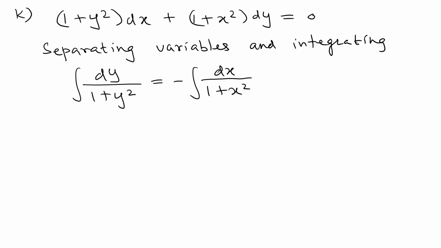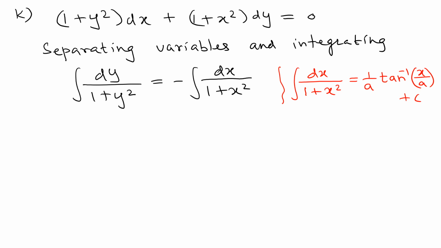We can recall this result from Calc 2. The integral of 1 over 1 plus x squared is tan inverse x. Tan inverse means arctan, some people write it that way. It's the same thing. So we can use that on both sides. The left side is simply tan inverse y.